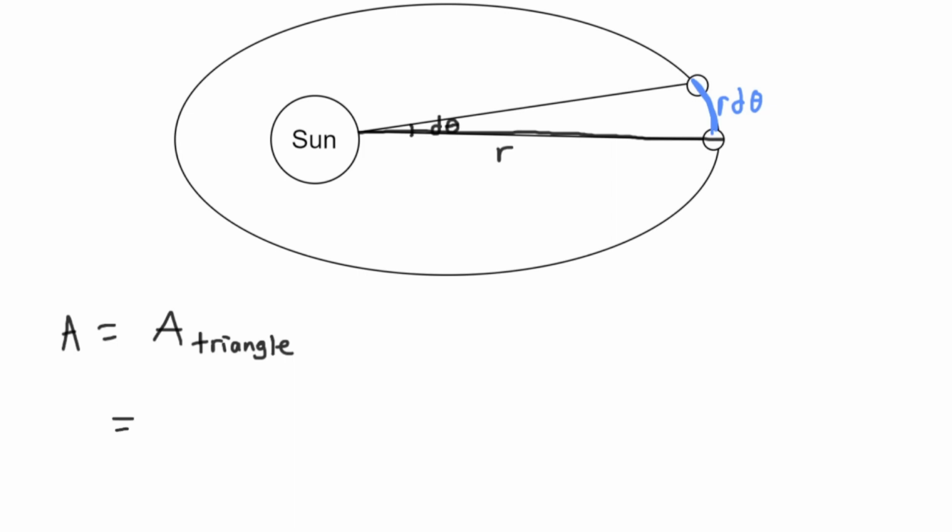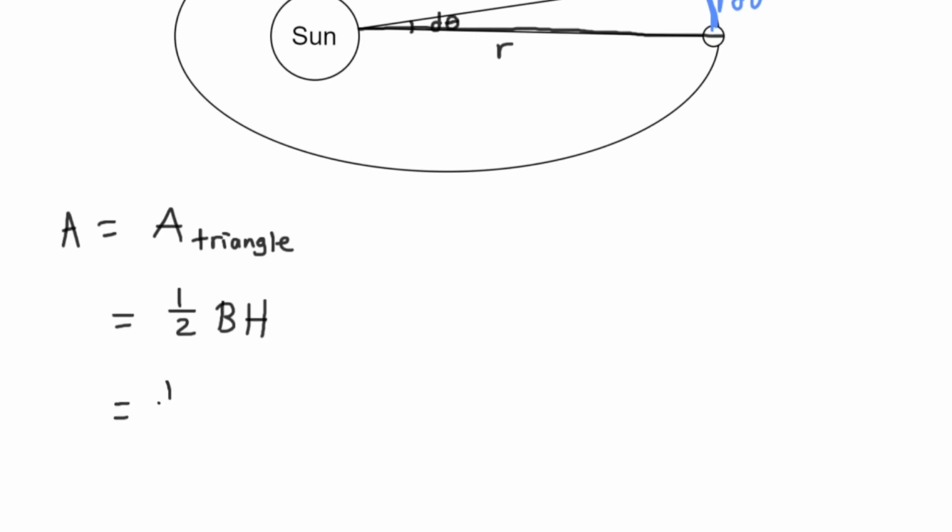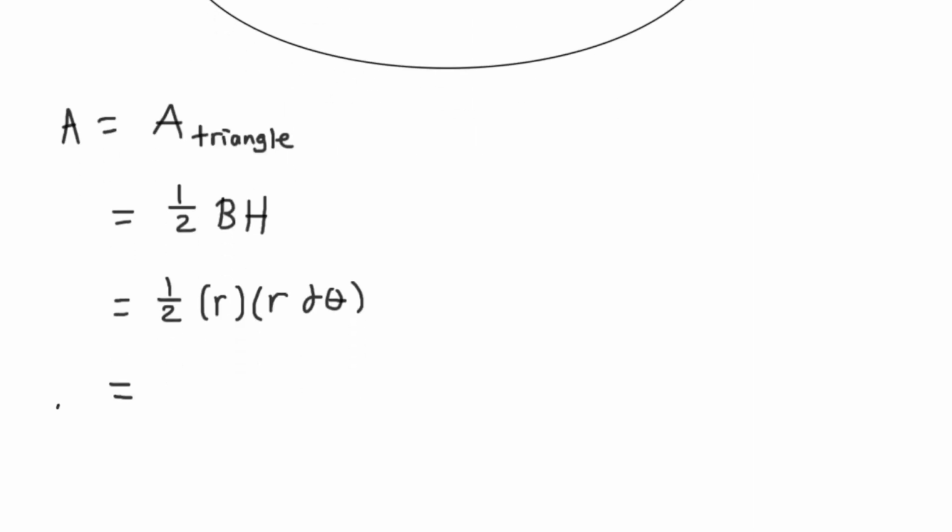Because if we're moving very, very small in time, it is going to look like a triangle. It's just going to be 1/2 times the base times the height. The base of the triangle we said was r, and the height we said was r d theta, which means that the area of our little wedge is 1/2 times r squared times d theta.